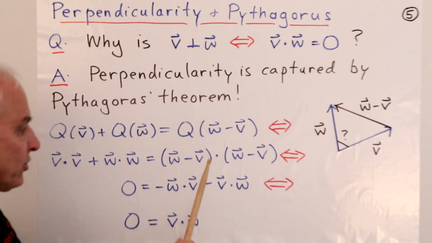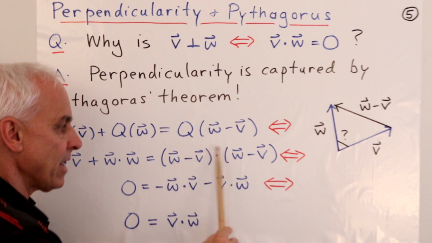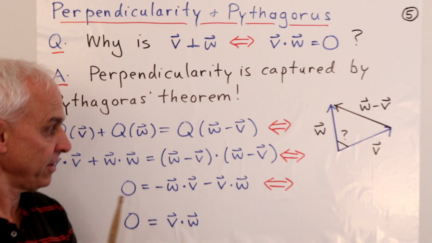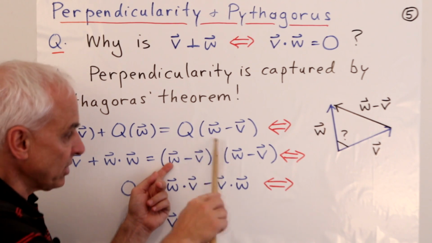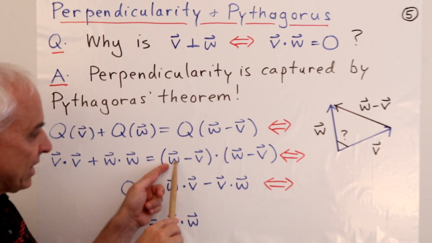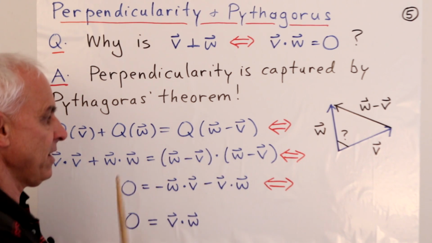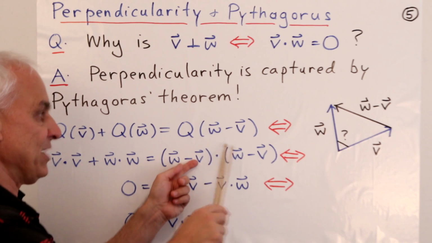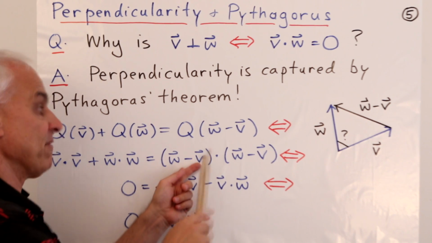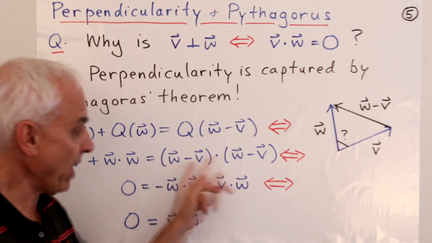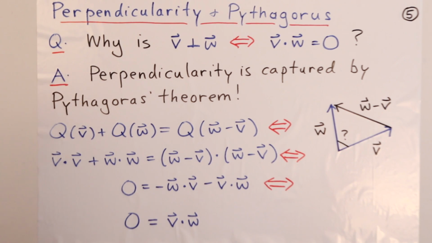Okay, so now we have to stare at this. How do we expand this? Well, we can use the linear property of the dot product, allowing us to basically use a distributive law. This is really w dot w minus w dot v minus v dot w plus v dot v. There's four terms. And if we write out those four terms, you'll see that two of them cancel with the things on the left-hand side.